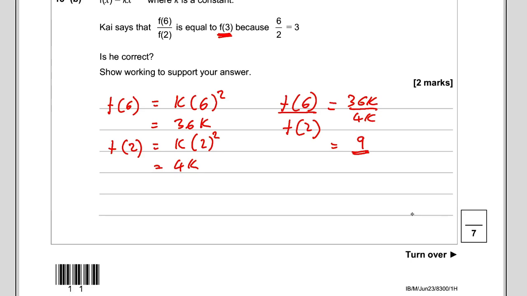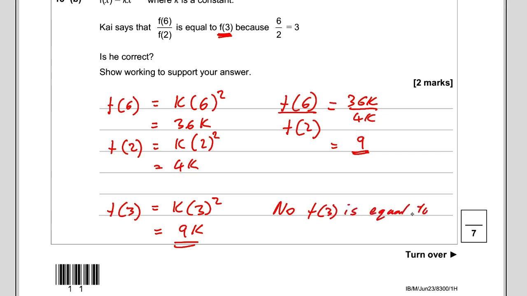So I'm also going to work out f of 3. f of 3 is equal to k times 3 squared, which would be equal to 9k. So those aren't equal. Is he correct? No. f of 3 is equal to 9k, not 9.